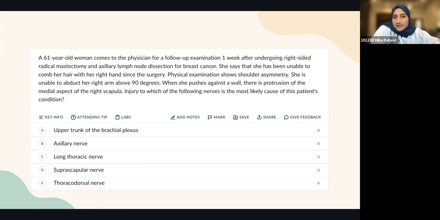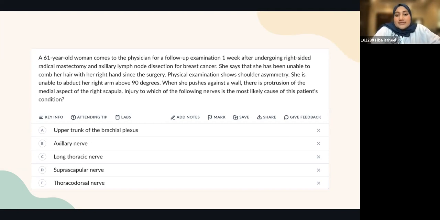Okay, you're correct. Trapezius does do it, but there's also another muscle, the serratus anterior, that helps move the arm above the 90-degree angle. So if the serratus anterior muscle is damaged, this can lead to impairment of abduction. It's not going to be completely absent, but she's just going to have difficulty moving it above 90 degrees.